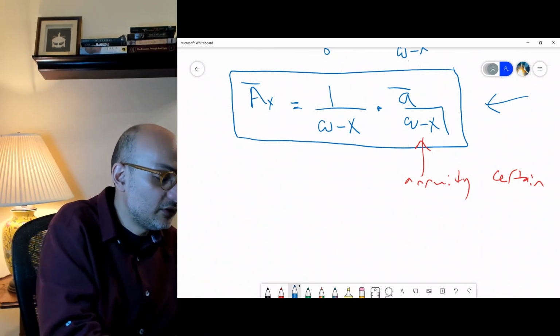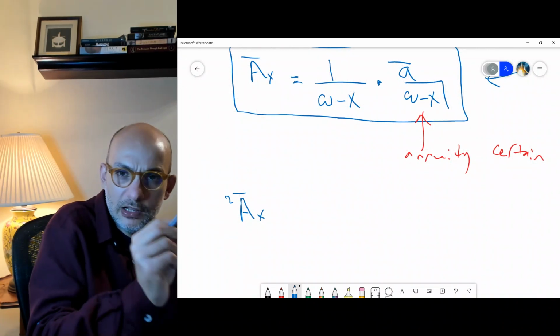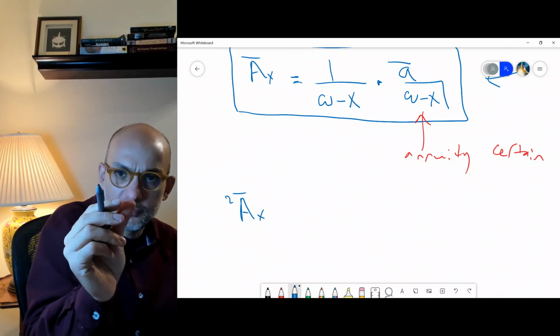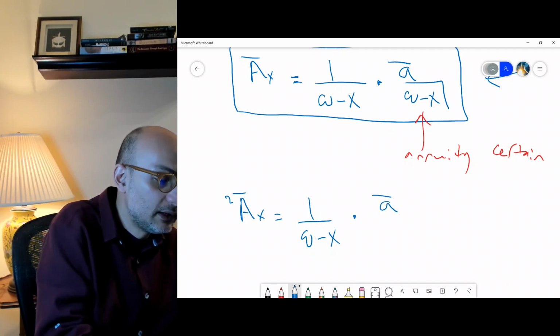Same logic: if you have A x second moment bar, remember it's the same thing, but you change delta, the force of interest, which you multiply by 2. And this should be the same one, omega minus x, multiplied by the same one.